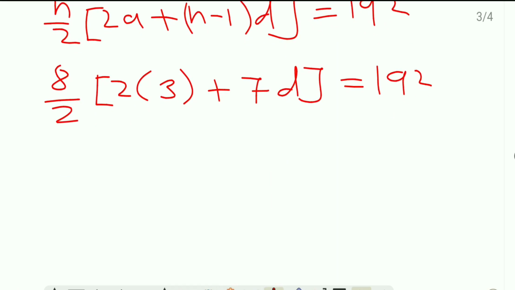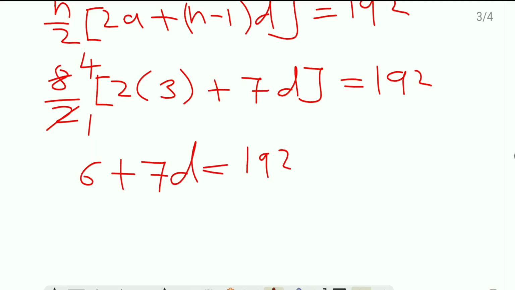So let us do it. 2 ones are 2, 2 fours are 8, so 4 which is multiplying will go that side to divide. So here 6 plus 7d, which is equal to 192 by 4. So here 4 ones are 4, 4 fours are 16, so 3 is left, 4 eights are 32. This 6 which is plus this side will go that side to get subtracted.